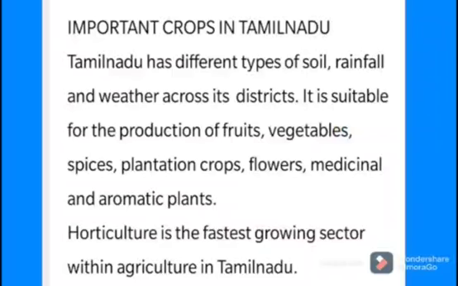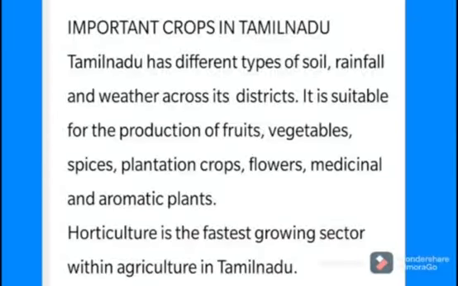Important crops in Tamil Nadu. Tamil Nadu has different types of soil, rainfall and weather across its districts. It is suitable for the production of fruits, vegetables, spices, plantation crops, flowers, medicinal and aromatic plants. Horticulture is the fastest growing sector within agriculture in Tamil Nadu.